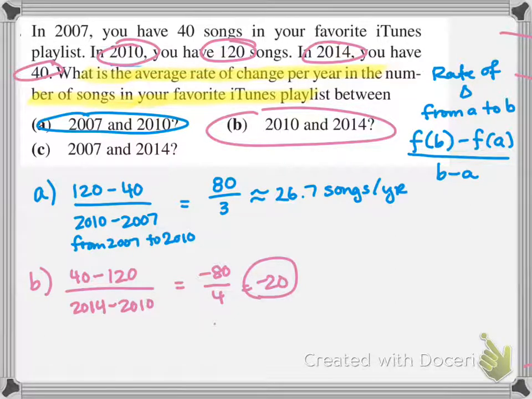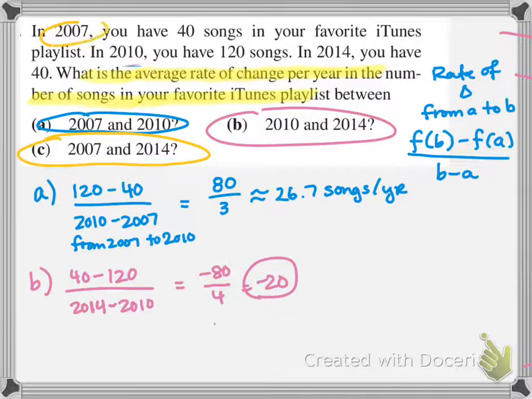Alright, so for part C, we're looking from 2007 to 2014. Now, lots of things can happen in that 7-year span, but we are focused on what happened in 2007 and what happened in 2014. So for the average rate of change, there was no change in the number of songs on your list.